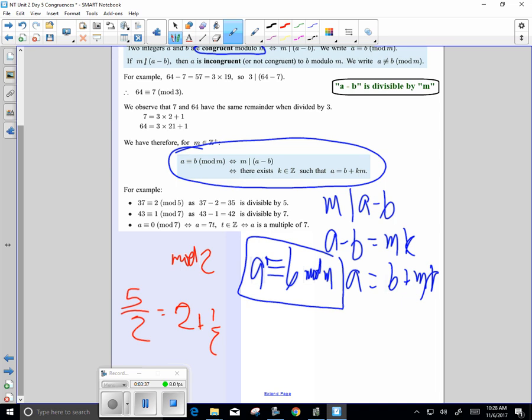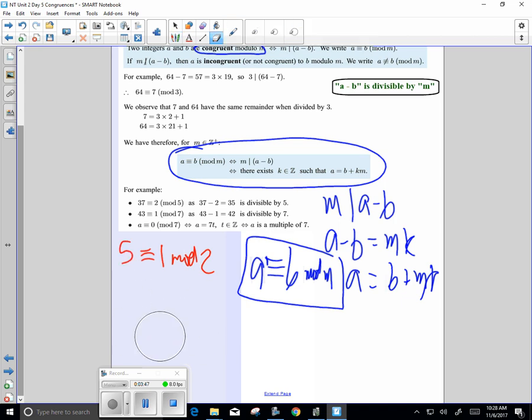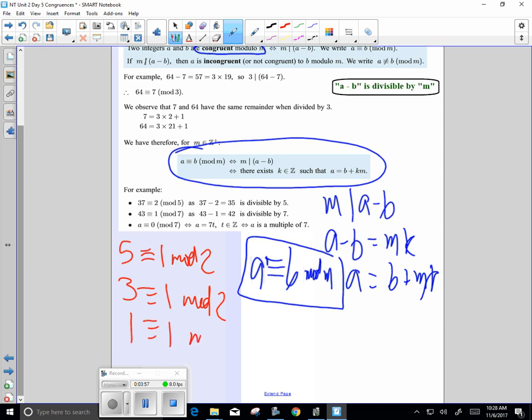What would be the remainder of this if we divided it? 1. So 5 is congruent to 1 mod 2. Is 3 congruent to 1 mod 2? Sure. Is 1 congruent to 1 mod 2? Well, here's what you do.